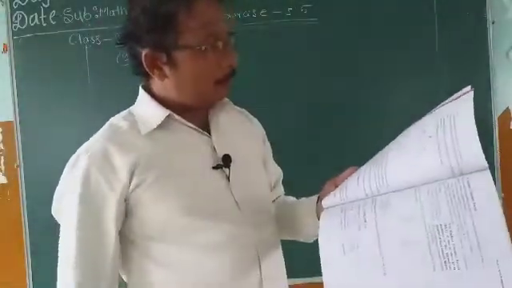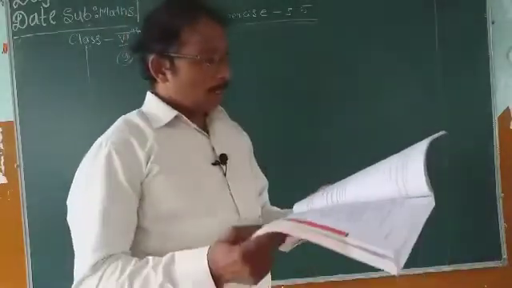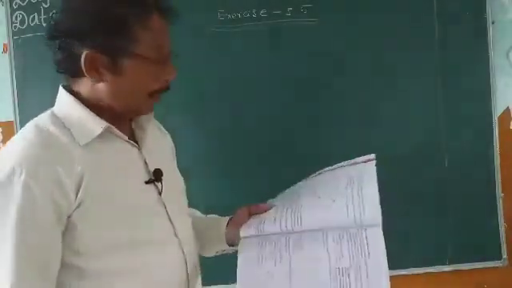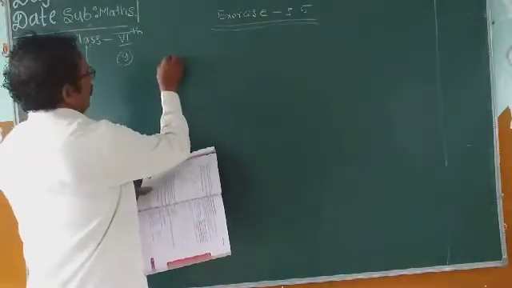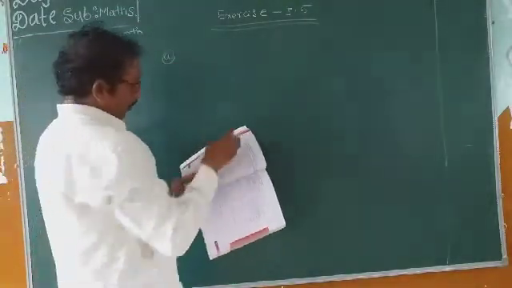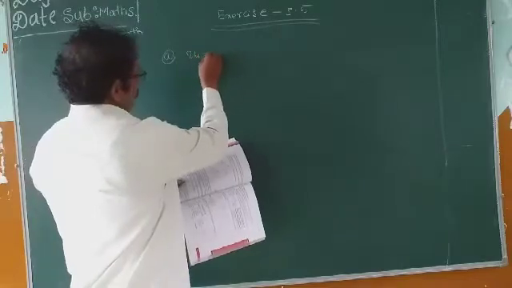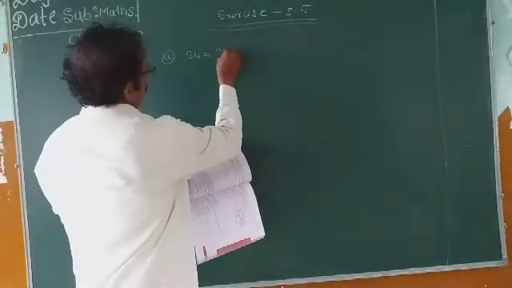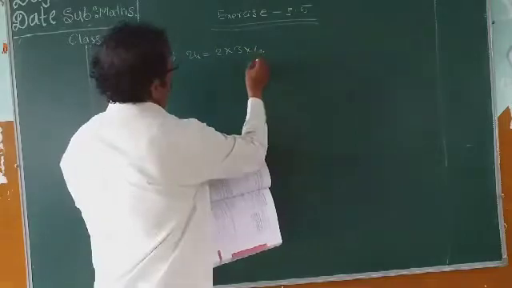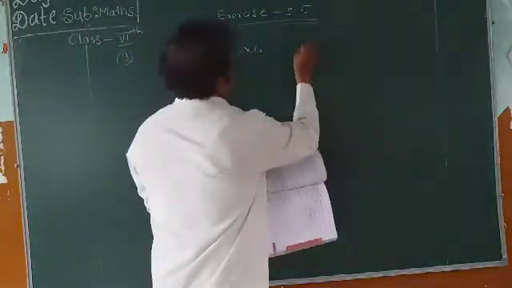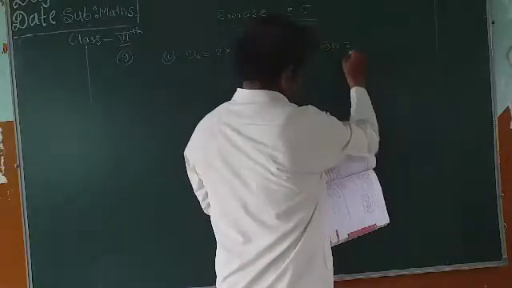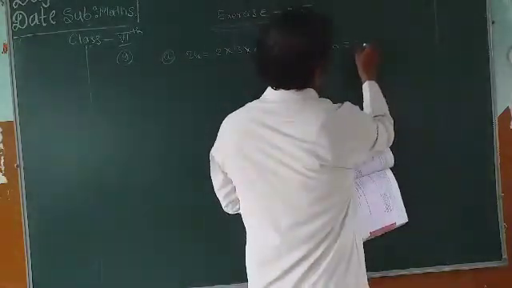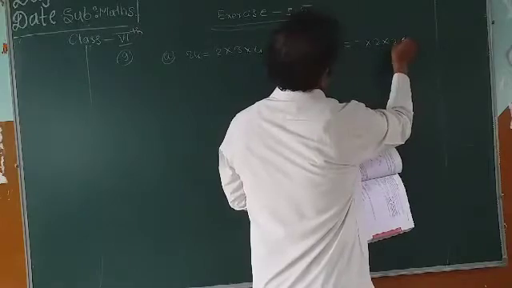In which of the following expressions has prime factorization been done? We are given 4 options. Option A: 24 is equal to 2 into 3 into 4. Question B is 56 is equal to 7 into 2 into 2 into 2.